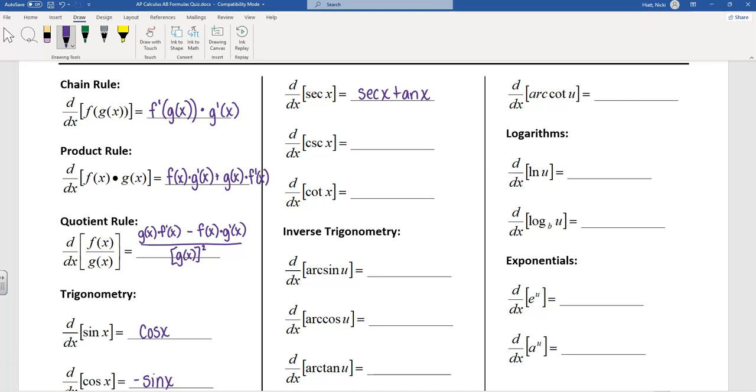But I bet there's a decent chance you'll see it. It's not critical, but it's probably not more than 2 points there. Again, if it's the only thing you've forgotten, you can still make a 5.